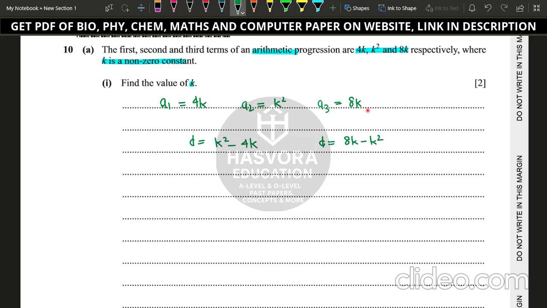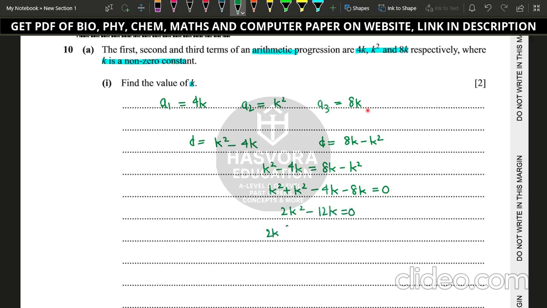Now both of the common difference will be the same, so I will just equate them. So k square minus 4k is equal to 8k minus k square. This will become k square plus k square and minus 4k minus 8k is equal to 0. So 2k square minus 12k is equal to 0. Let's take 2 and k common.